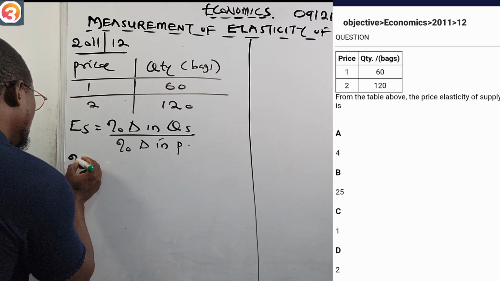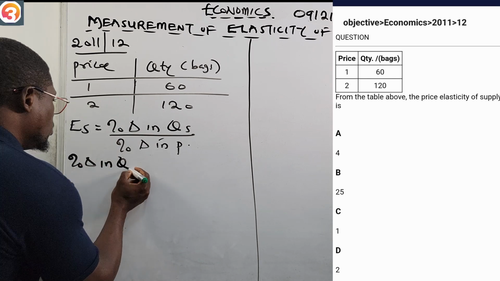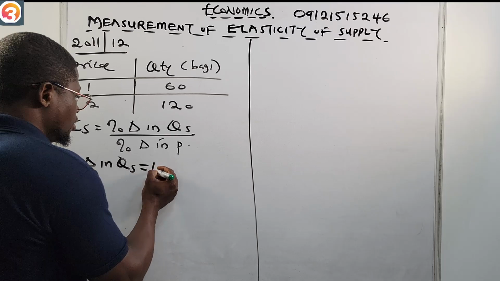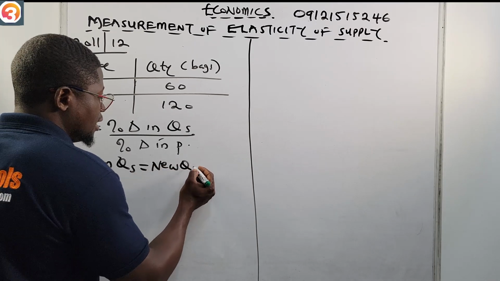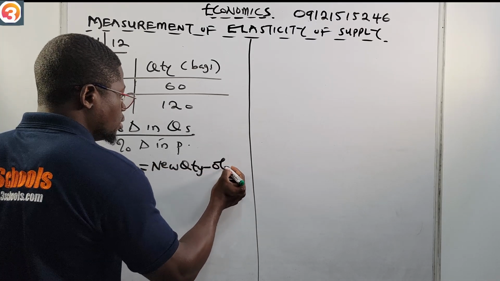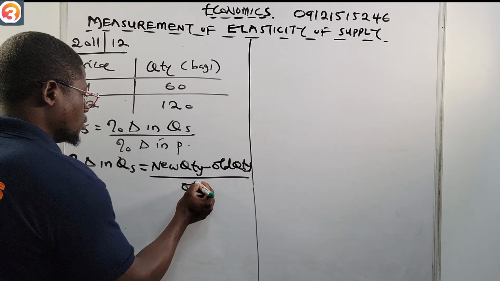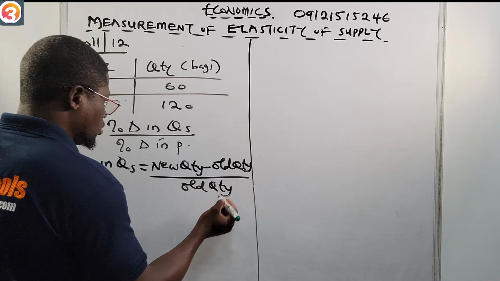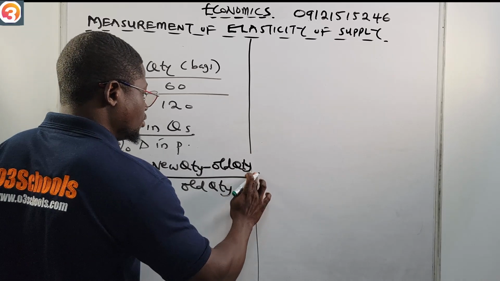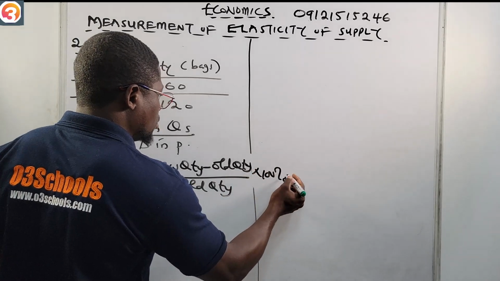It is new quantity minus old quantity, all over old quantity, times 100%. We know this.